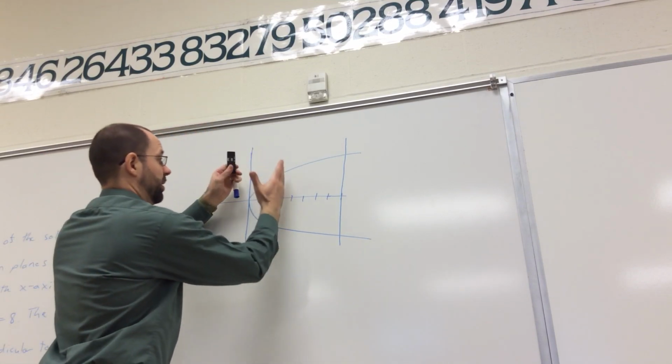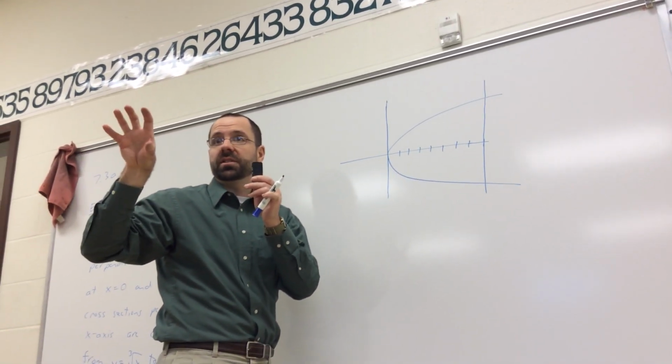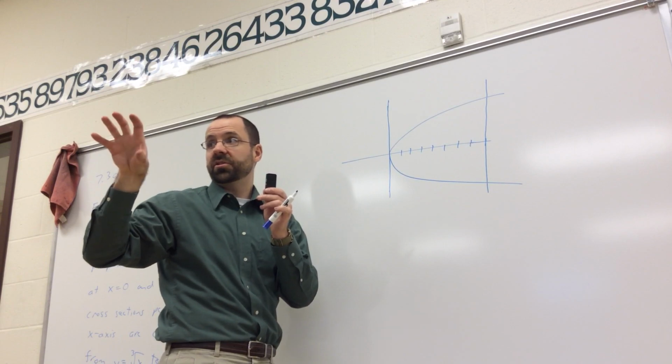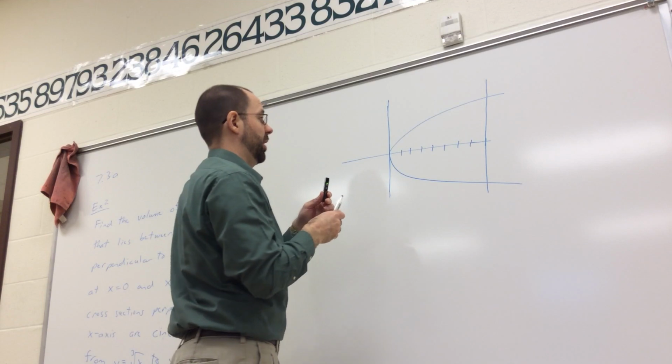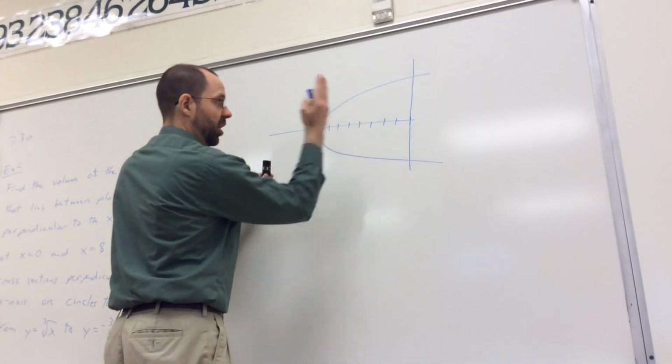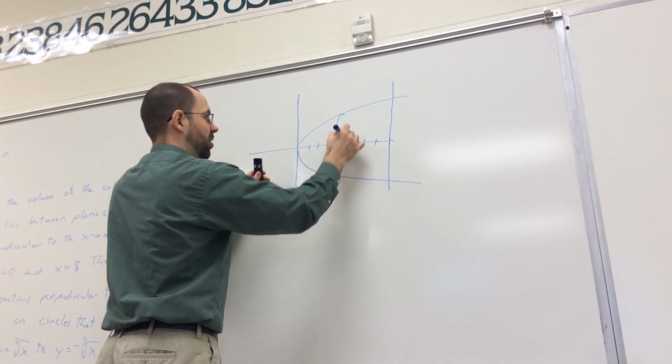So when I chop it and look at the cross section, what shape is it? Circle this time, right? Back to circles. So I'll chop it all the way across, and so here's one representative cross section.